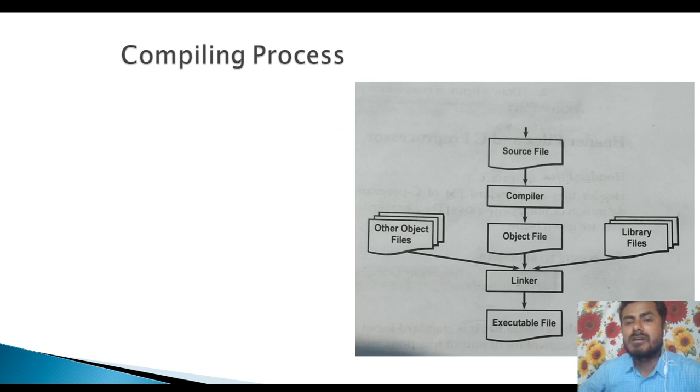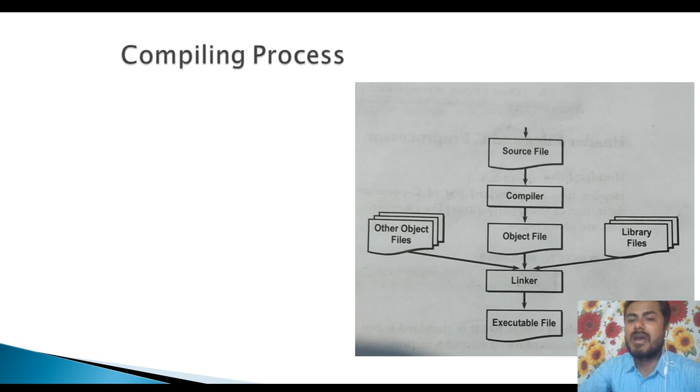So for whatever file we create using a C compiler, the very first program, which is called the source code, is our source file and its extension is .c.